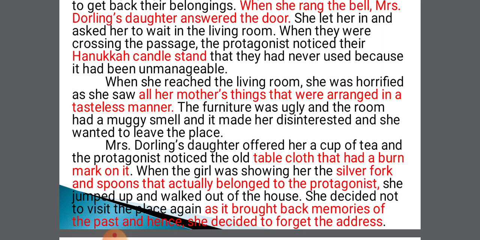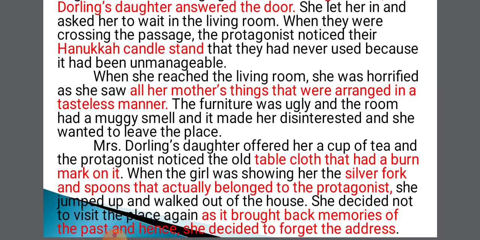When she entered there, one by one she was finding her old possessions. Actually, that was making me very nostalgic. First, the Hanukkah candle stand, which they rarely used because it was very unmanageable.